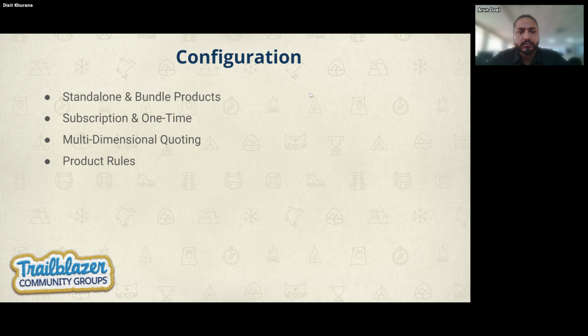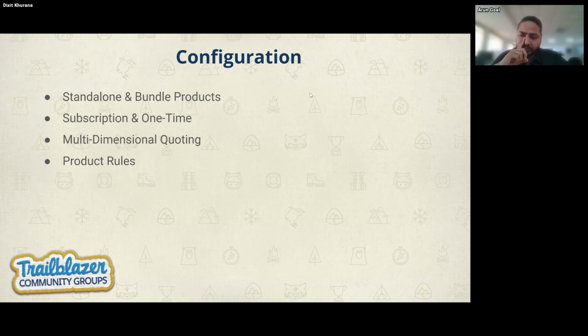Next we have multi-dimensional quoting. In CPQ we usually say MDQ products. So what does that mean? Let's suppose you purchase the product for 3 years. That product is a subscription product, but you want, in the first year, a 5% discount, in the second year a 10% discount, and in the third year a 20% discount, right?